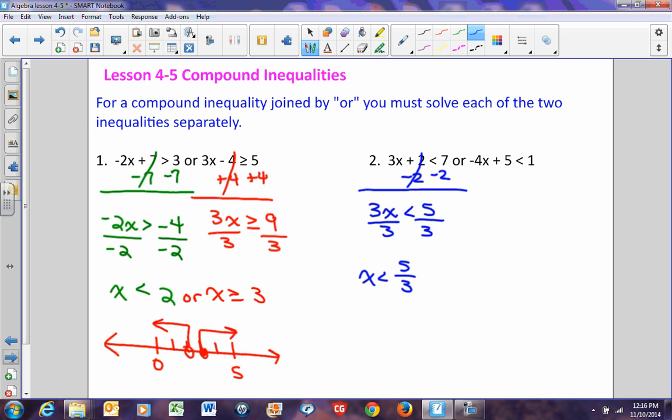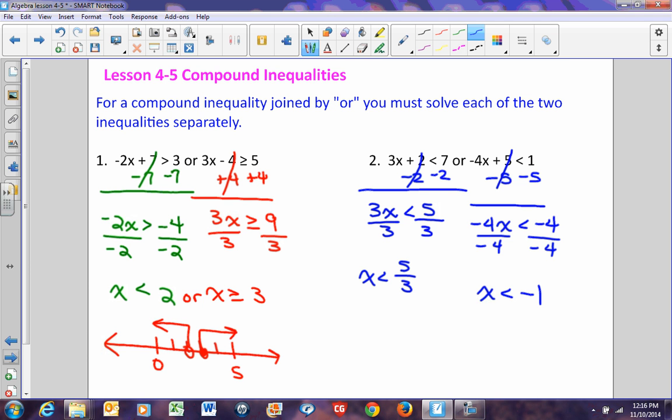It would be 1 2/3. Or here, the second one, subtract 5, subtract 5. You're going to have negative 4x. These will cancel, is less than negative 4. So divide by negative 4, divide by negative 4. X is less than negative 1.